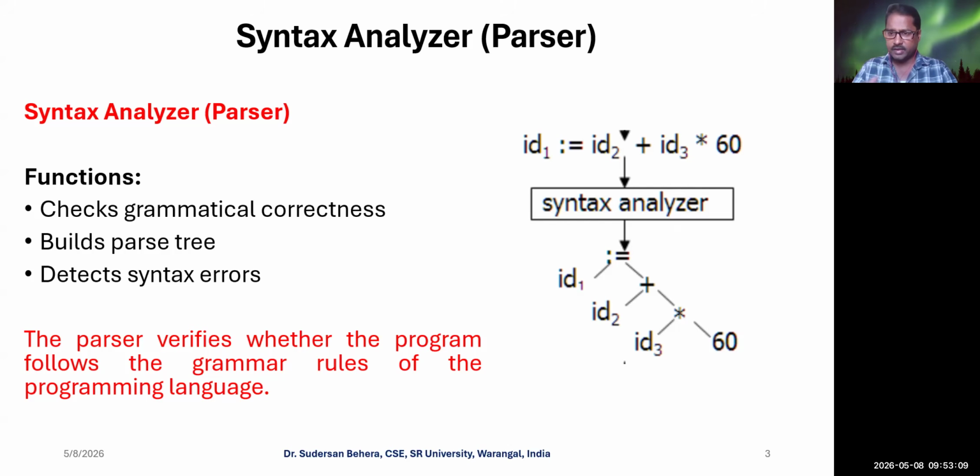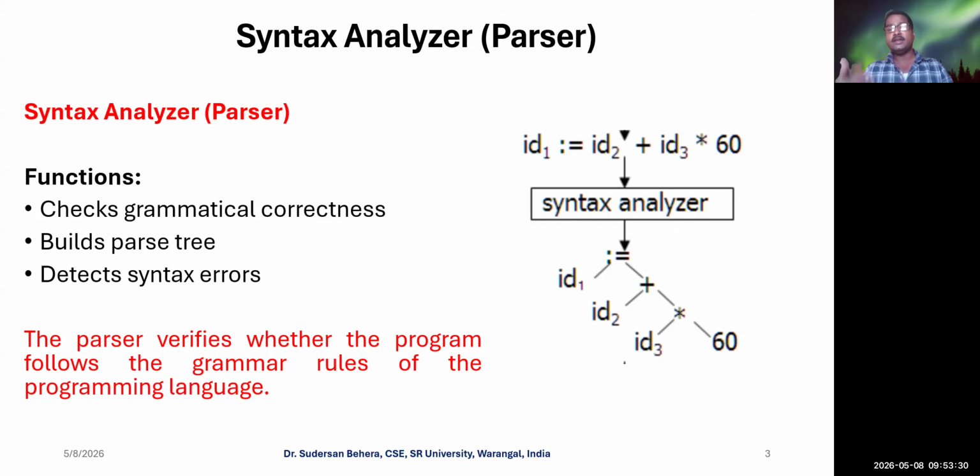If the syntax is valid, it produces the syntax tree as an output. This syntax tree is further passed as input to the third phase of the compiler, that is the semantic analyzer, or you may say semantic analysis.